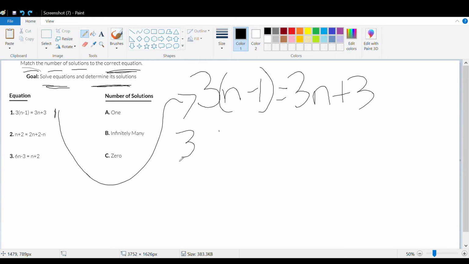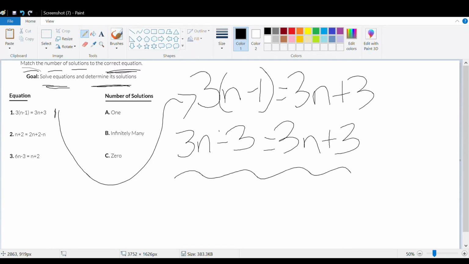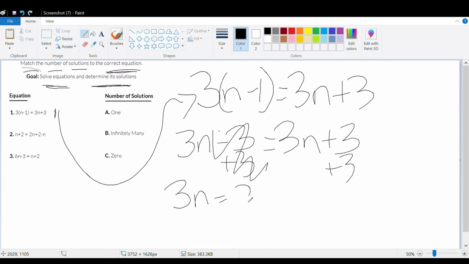That would be 3n minus 3 equals 3n plus 3. This is the distributed version of the equation. Now we just have to isolate the n as much as possible. So we're going to add the 3 on both sides so that this 3 gets canceled. So that's 3n equals 3n plus 6.